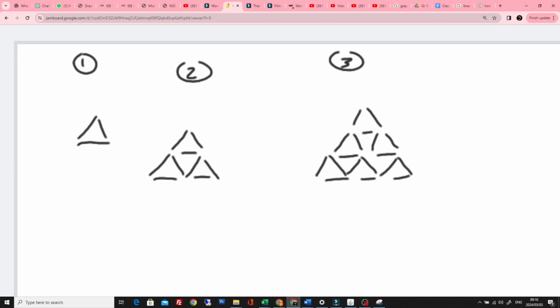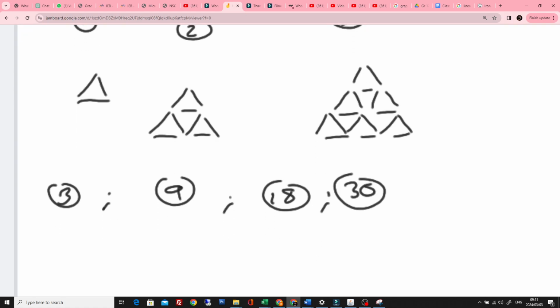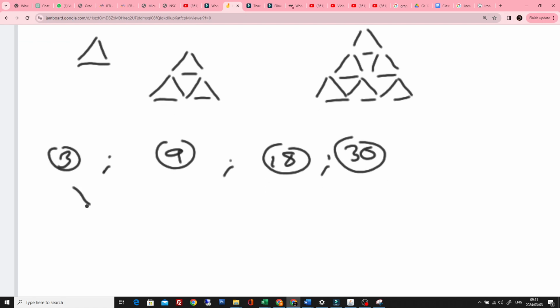And they ask you, instead of anything else, get the amount of sticks in this to create these triangles, and you can count them. It would be 3. You could get 9 for the next one. You can count the next one would be 18. If you draw the last, like fourth one, you'd get 30. Okay, and you might have to actually draw it yourself just to get the pattern there.